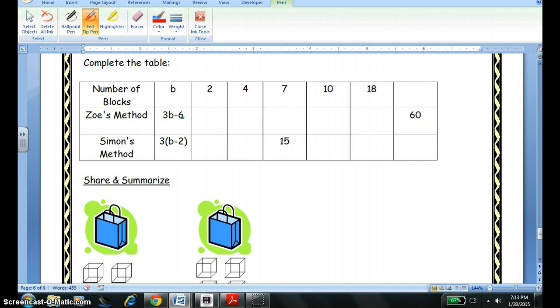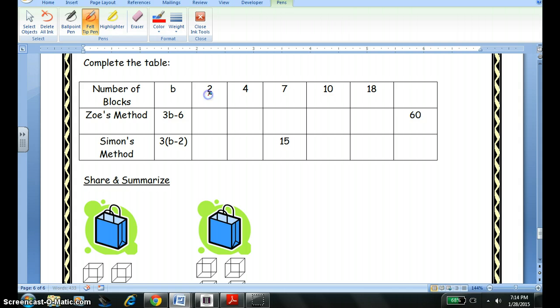She knows she's taking 2 out of 3 bags, so that's 6 total, so she's always subtracting 6. Simon is going to figure out however many blocks he has, minus 2, and then multiply everything by 3. And so what you're doing is you're using this table to substitute these values for B: 2, 4, 7, 10, 8, and then an unknown, which we'll talk about in a minute. You're just going to do it using 2 different methods.